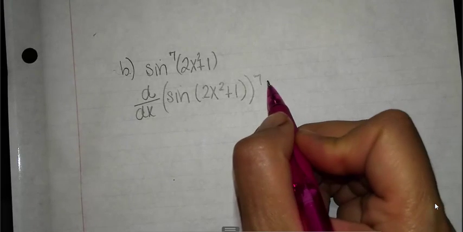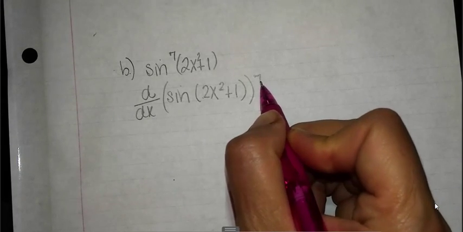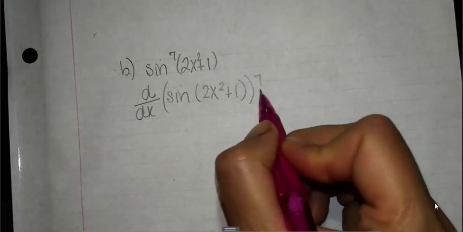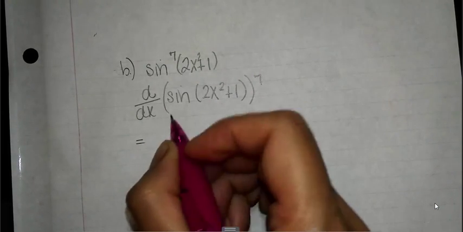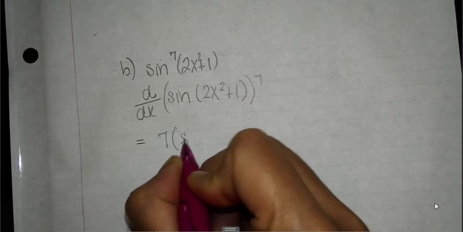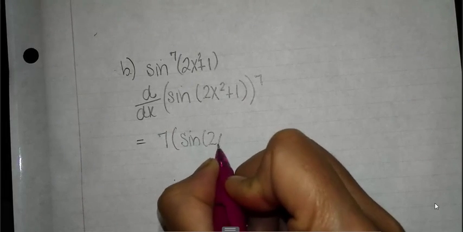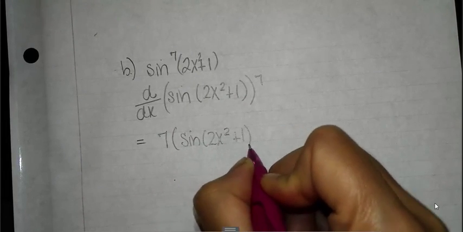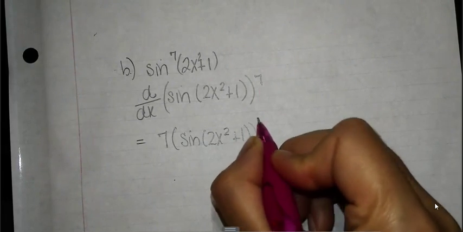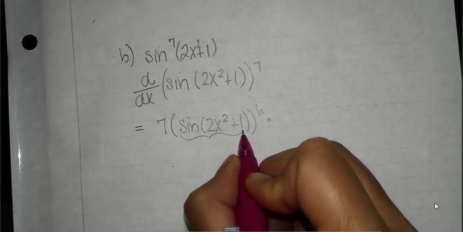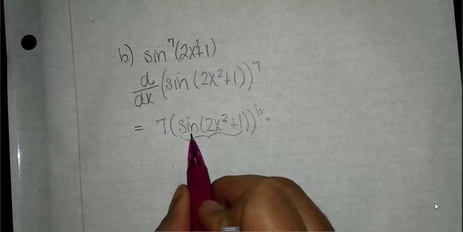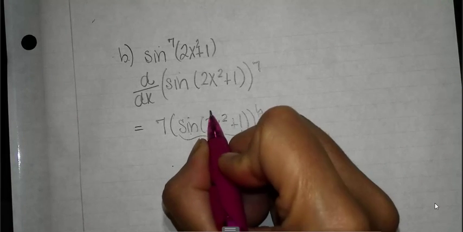Okay, so for me, I'm going to look at this and say, well, my outermost function is something being raised to the 7th power. So the first thing I need to do is bring that 7th power down, leave everything else alone, and then decrease this by 1 power. Now I need to multiply that by the derivative of my inside function. Notice I have an inside function, which is sine, and then another inside function in there, 2x squared plus 1.